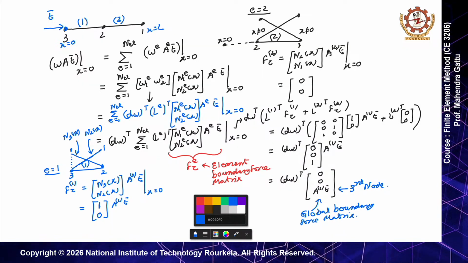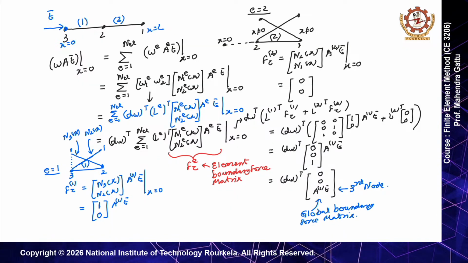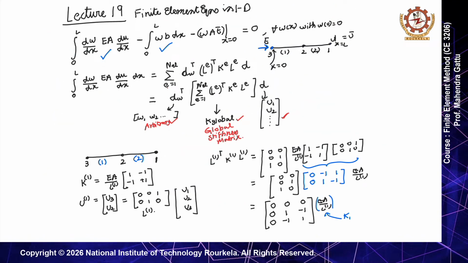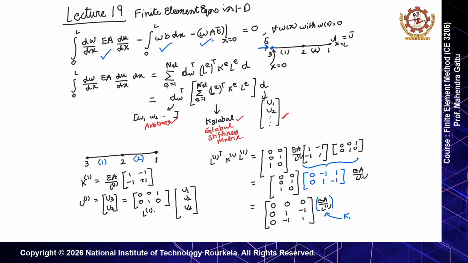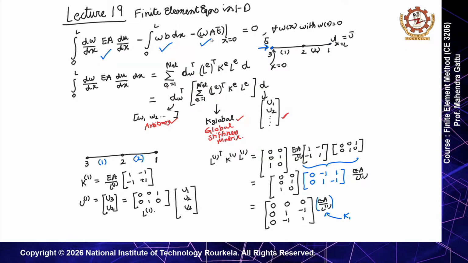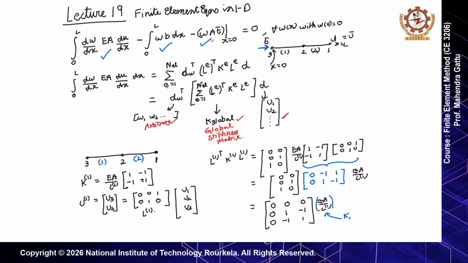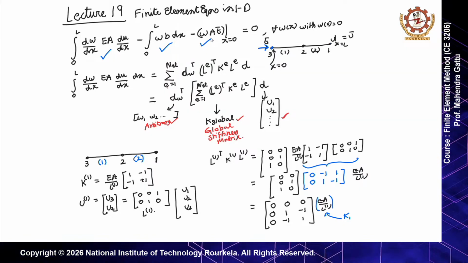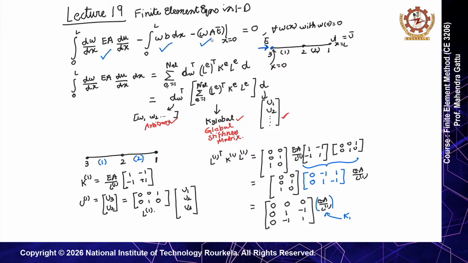The contribution is coming only on the third node. So, we have evaluated all the 3 terms of this weak form. We have substituted the trial solution and the weighing function in the weak form, and then evaluated each term.